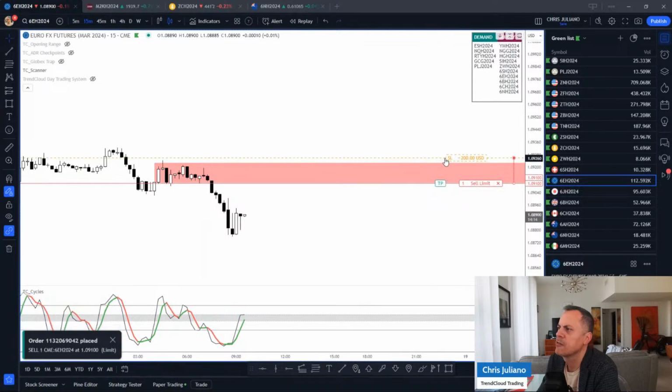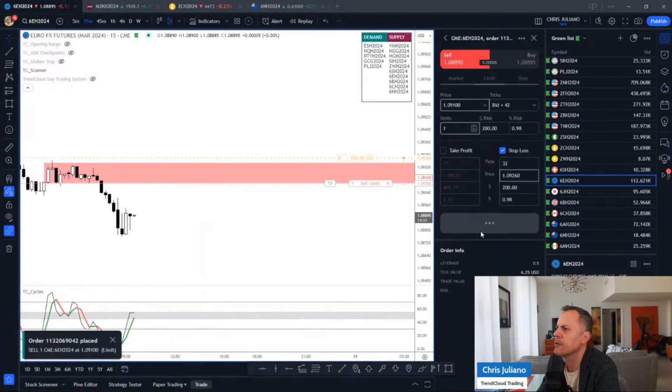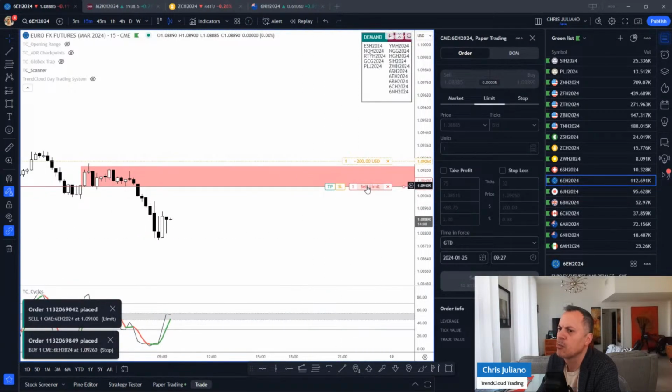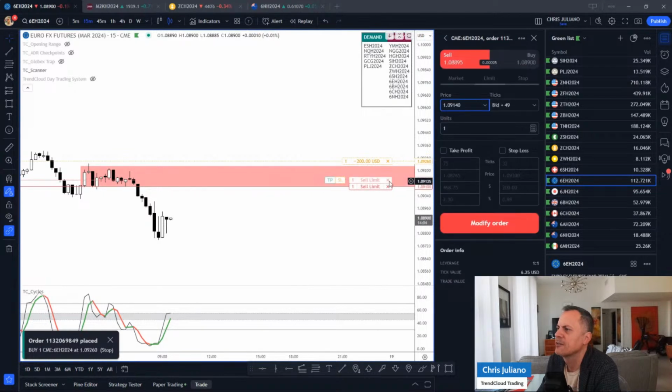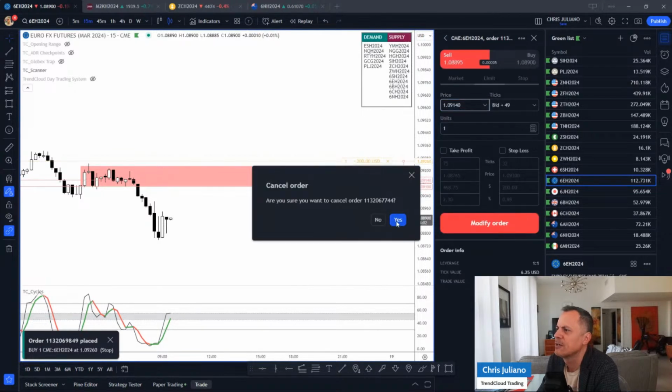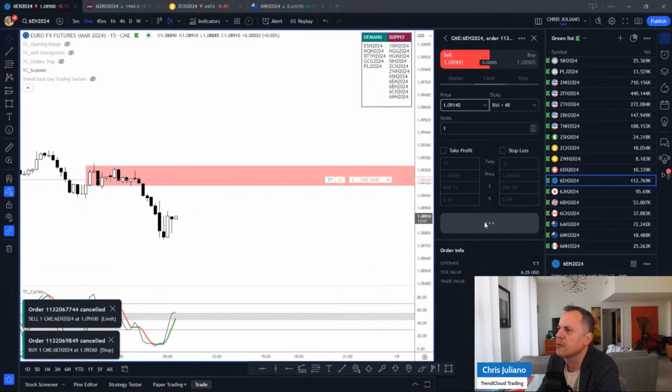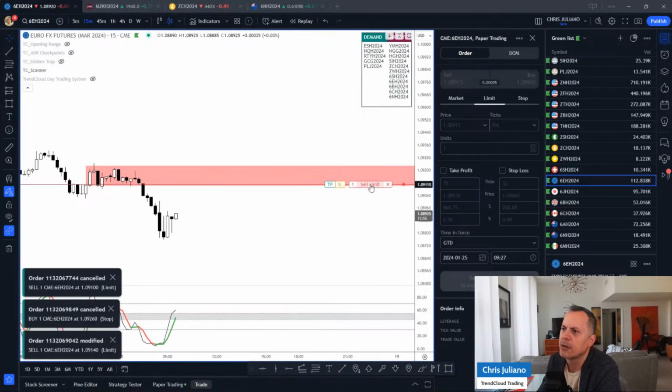That actually gives us a better risk to reward because we could, look at that. Oh my God. What is going on? There we go. Okay, so this gives us a little bit better risk to reward on that euro.